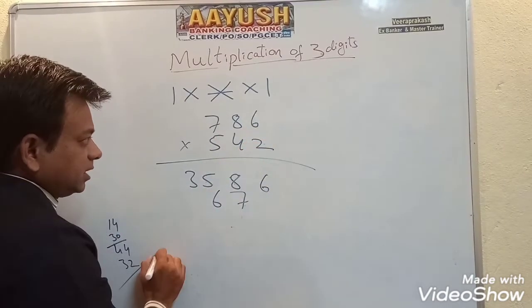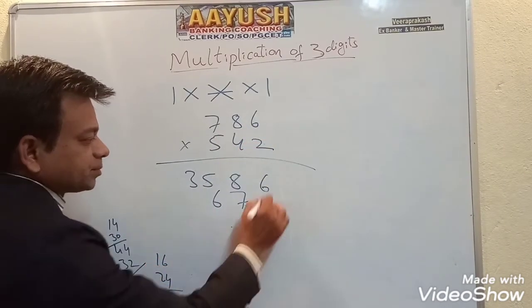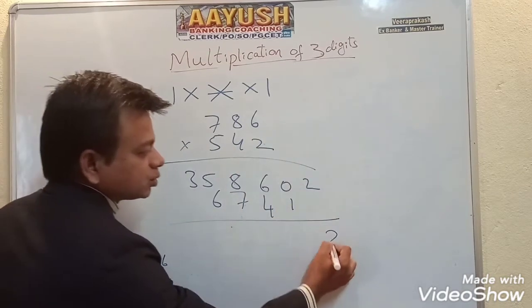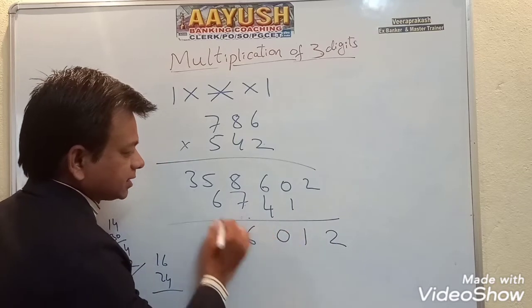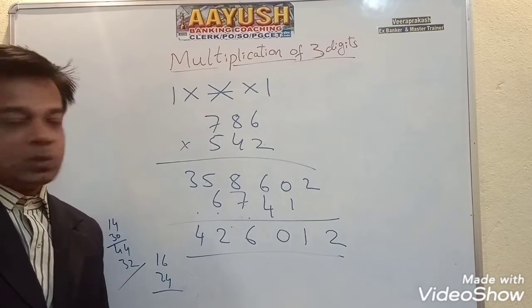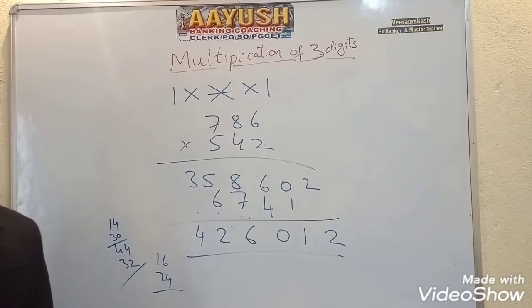Then 8 2s are 16, 6 4s are 24, this comes to 40, and 6 2s are 12. Add it: 426012 is the answer for 786 into 542.